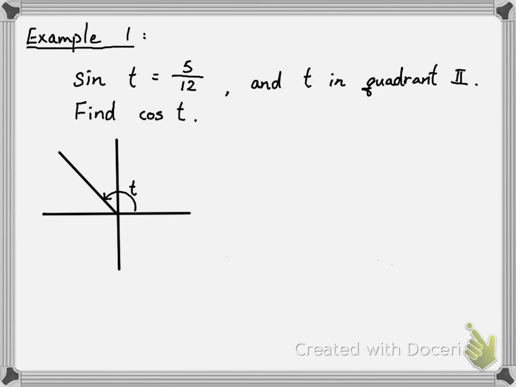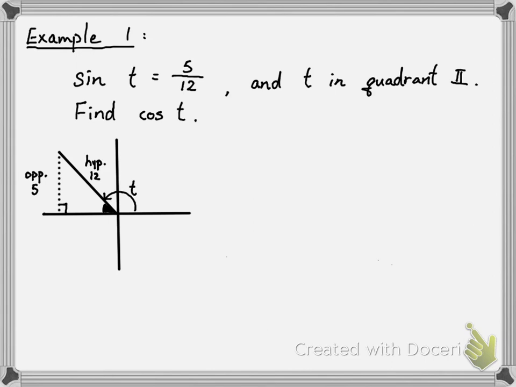Then we usually will draw the terminal side, and draw a vertical line onto the x-axis, not the y-axis. Then now we have a right angle. Sine of the angle is opposite over hypotenuse. In other words, we have opposite 5, hypotenuse 12.